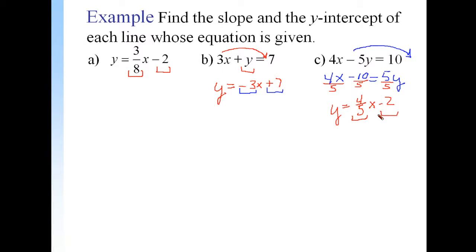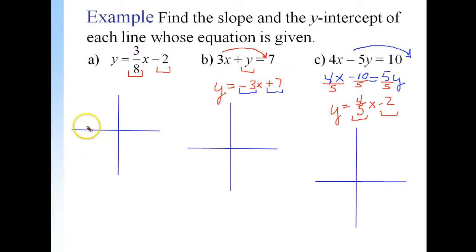Now, they don't ask for this, but what I'm going to do now is graph each of these equations using the technique we just showed you. Now, what I'll do is sketch these because I don't have graph paper. So I've made my set of axes. First thing I'm going to do is plot my y-intercept, which is -2. 1, 2, I put a dot right there.